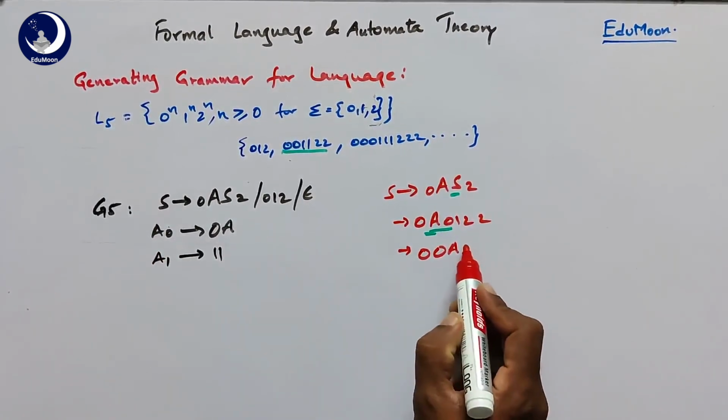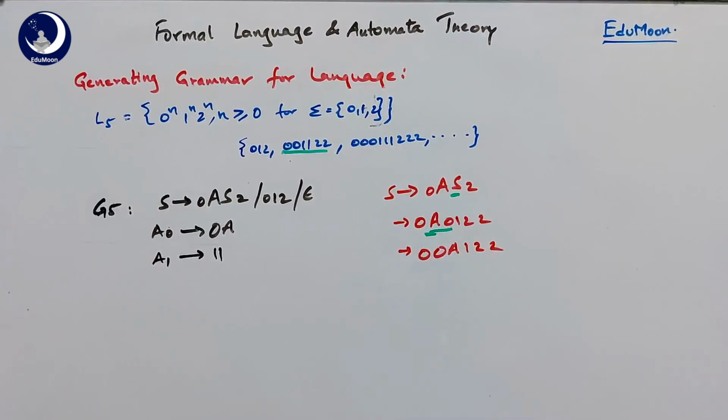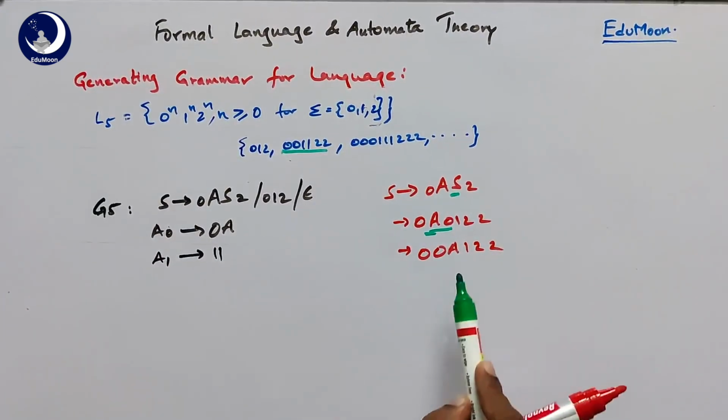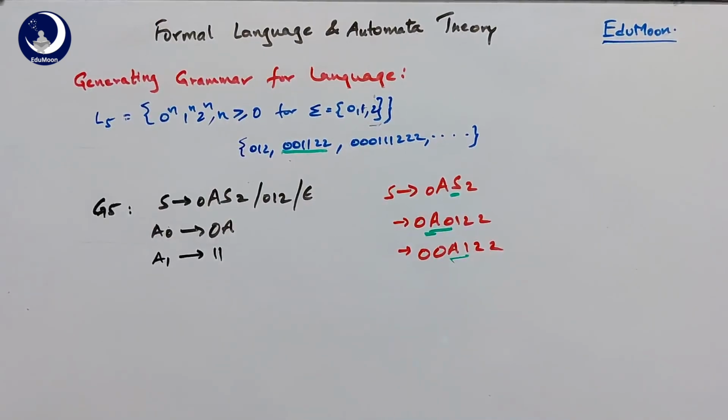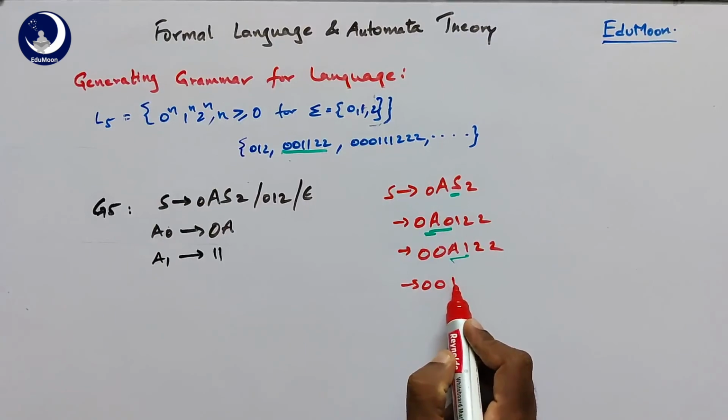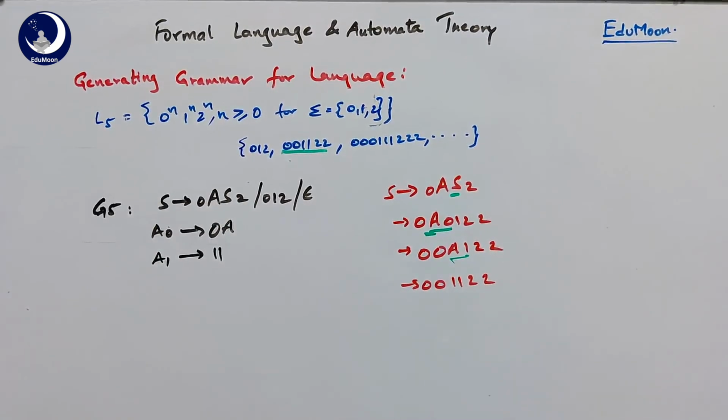And finally we complete A1 using this one again, so this will be 00, A1 can be replaced by 11, and this is 22. So that is how we produce the string 001122 from the given grammar G5.